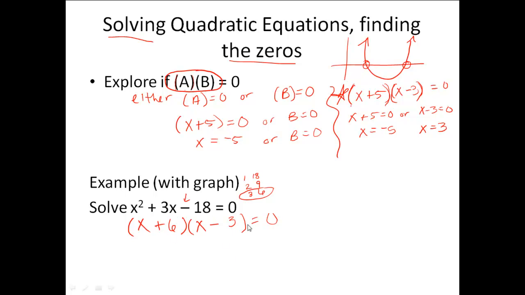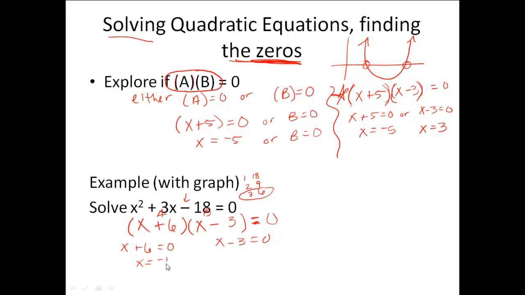I've already checked it. But now, this is a little bit different because we're asked to solve it. So we're actually asked to find the x values. Right now, I'm at that point where I have a times b is equal to 0. So I can take my factors and set each one of them equal to 0, and that will allow me to find the x-intercepts, or the zeros.